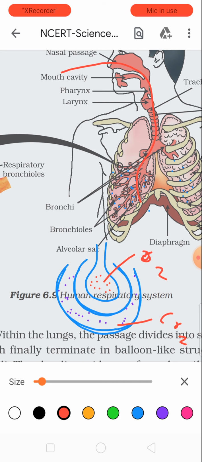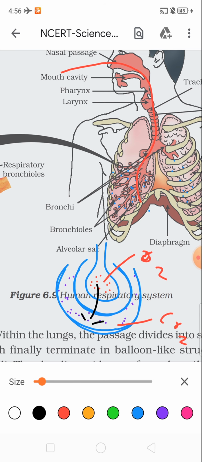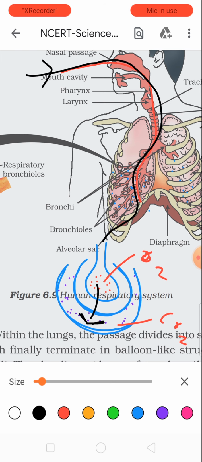The oxygen will go into the blood when we are inhaling, moving into the alveolar sac and into the capillaries.